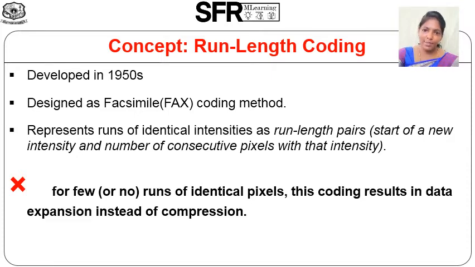So through this encoding concept, that redundant intensity value is getting encoded. In this pair, it involves the intensity that is repeating and the number of times that particular intensity is repeating.